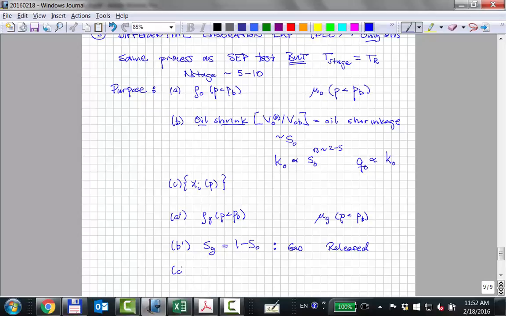And then finally, we might be interested, probably more so, in the composition of the gas at pressures below the bubble point. Because as the gas saturation increases, the gas starts flowing more and more, and the composition of that gas is important because it's carrying with it some of the components that we're going to turn into a liquid at the surface.